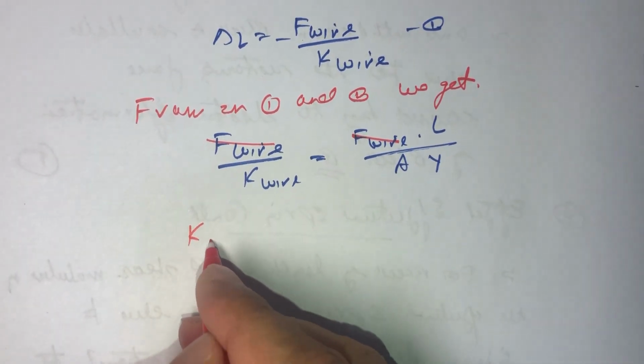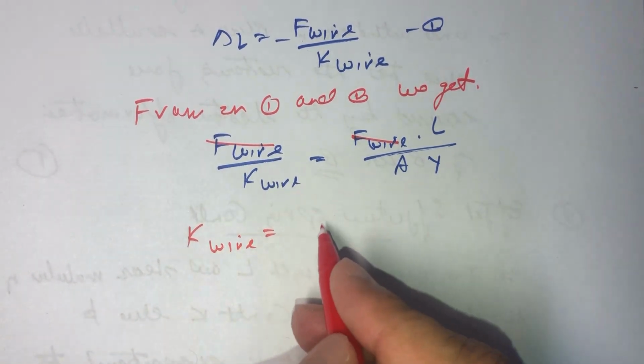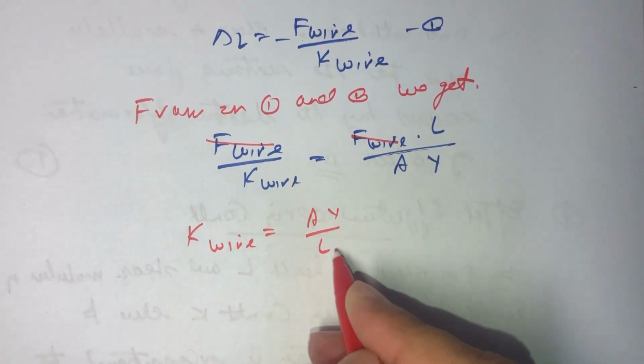So from here we get the spring constant for the wire as AY divided by L.